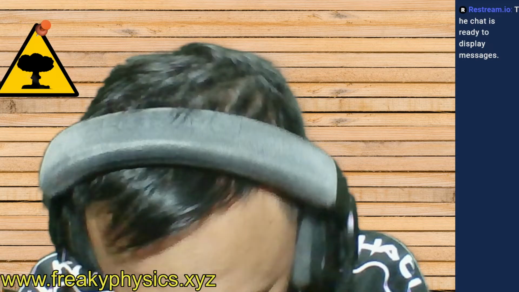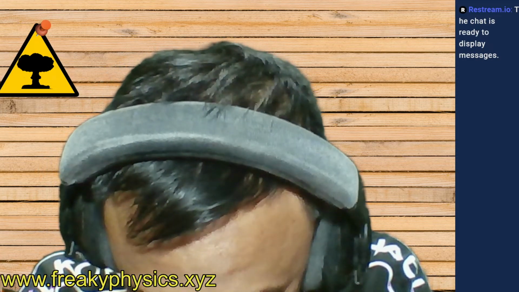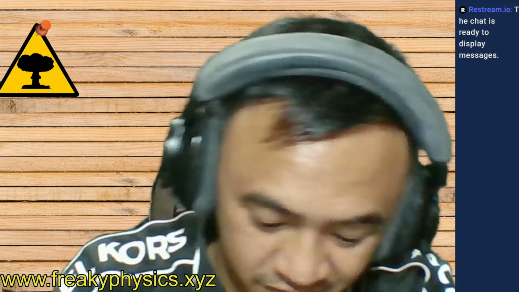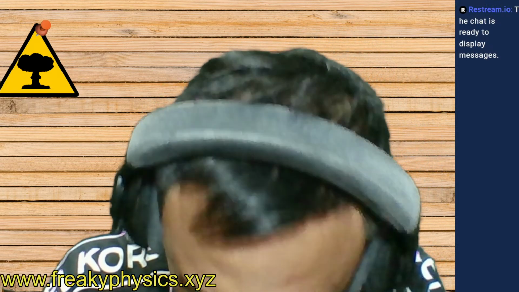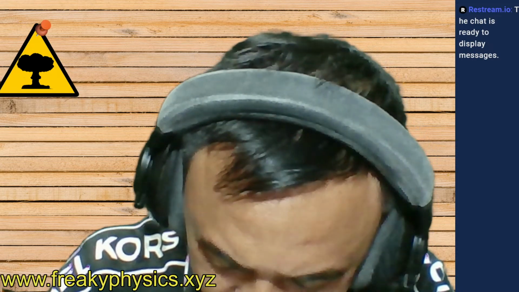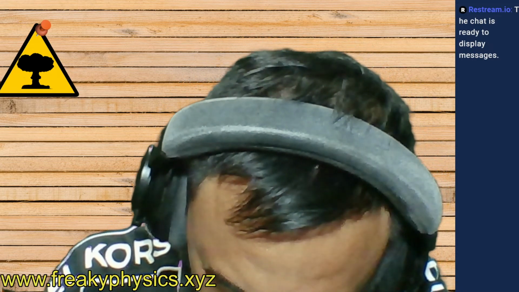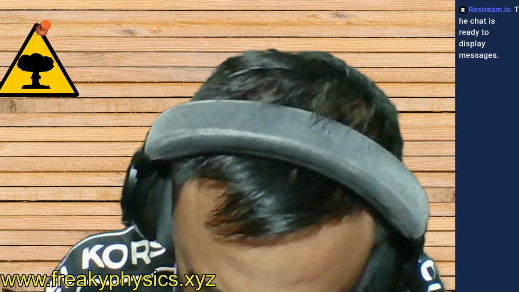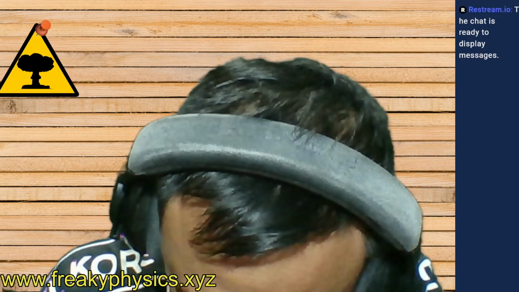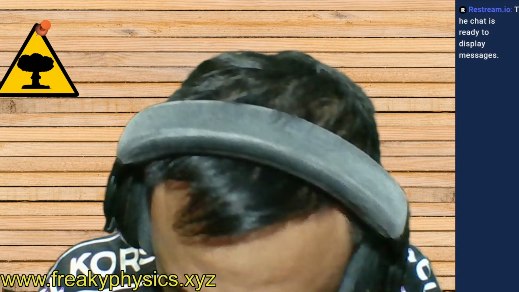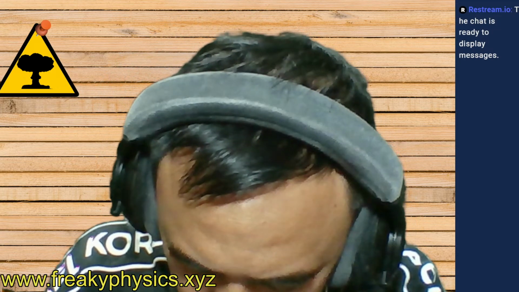But since you reverse the magnet, you're gonna reverse the direction of the current. So I'll just do the shortcut here before we discuss further. Shortcut first. The EMF is proportional to the velocity of magnet.